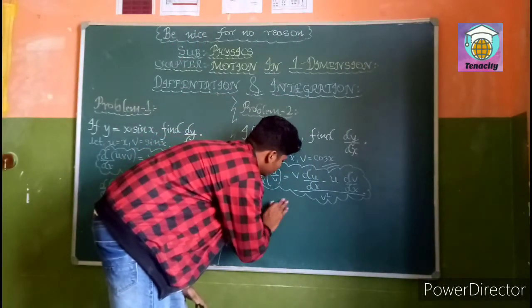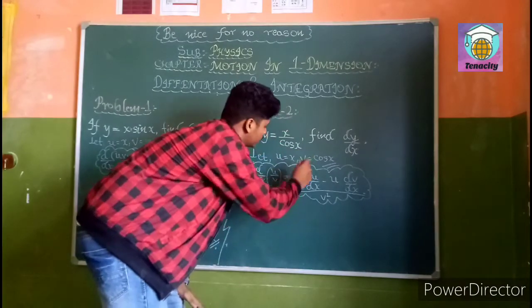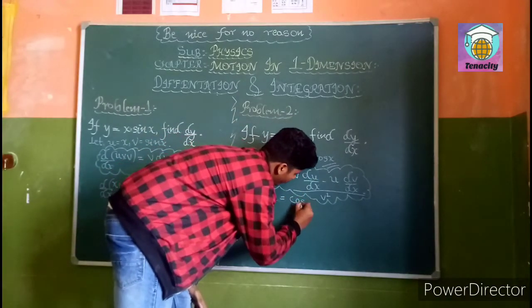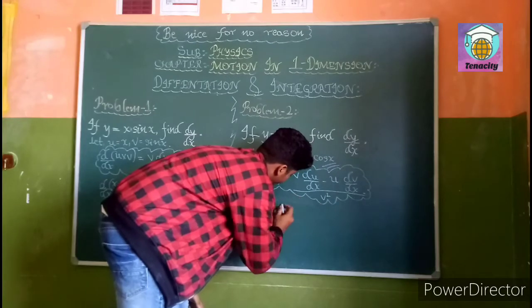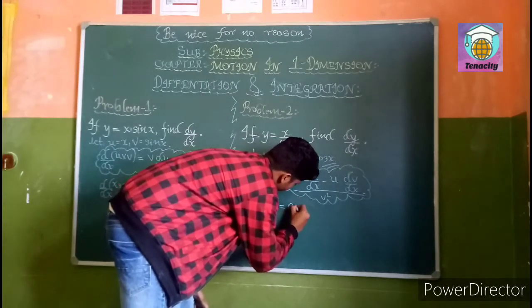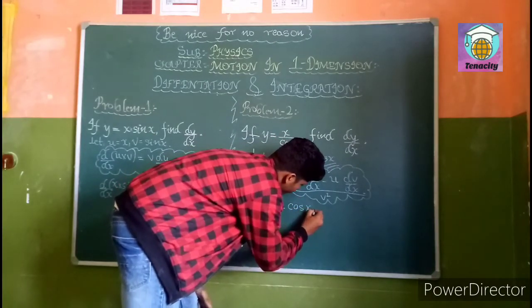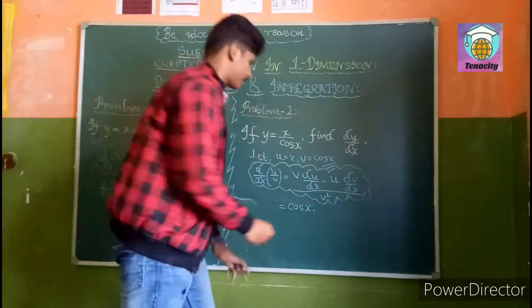So what is v? v is cos x. Cos x into, what is u? x.